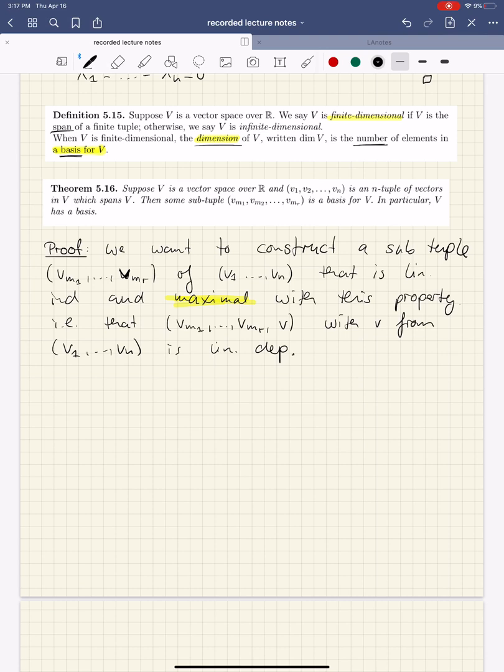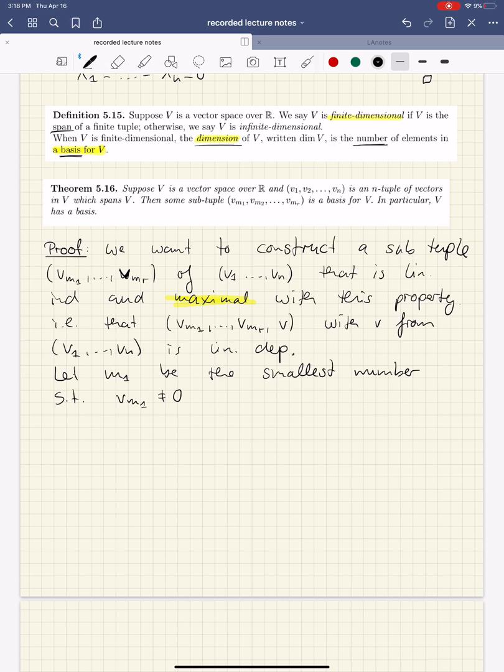So what we do is we go one by one. First, let m1 be the smallest number such that Vm1 is not 0. Potentially you could have a bunch of zeros in the beginning. And this is where the result that one tuple is linearly dependent if and only if it's 0 comes in handy.